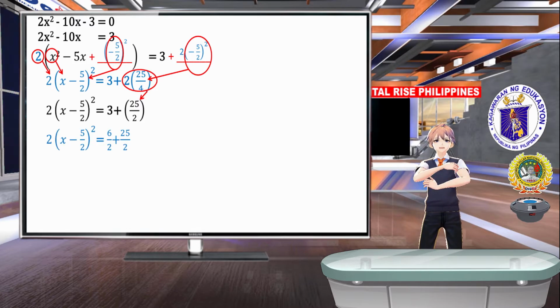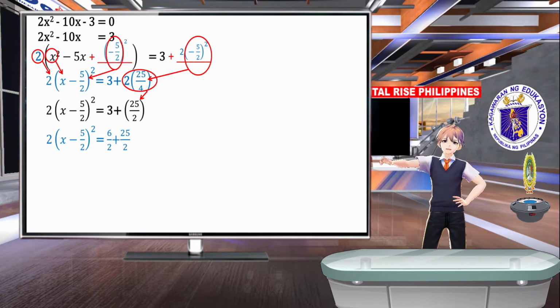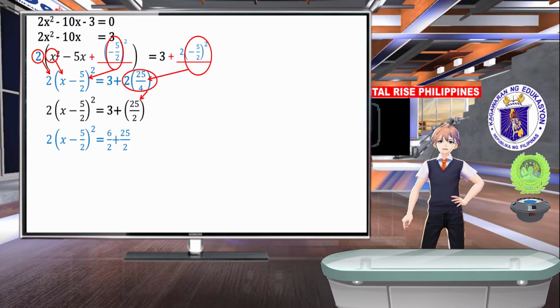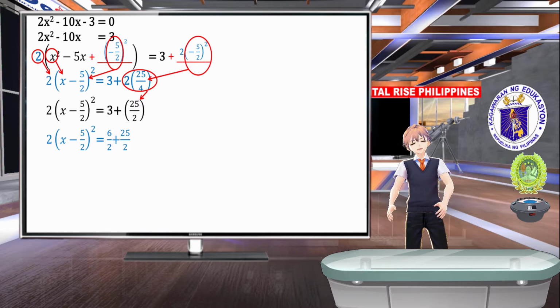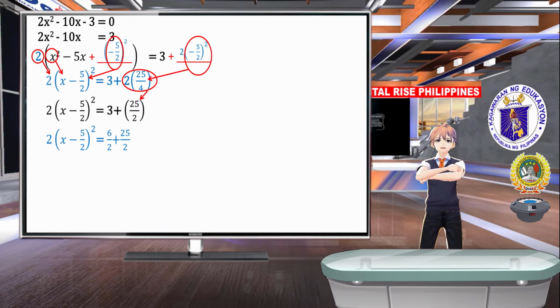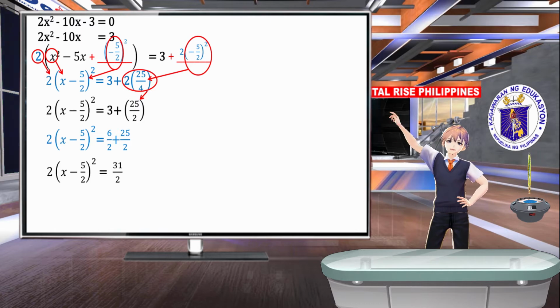Then we have 2 times the square of x minus 5 over 2 equals 6 over 2 plus 25 over 2. We should make the terms in the right side of the equation similar fractions to get their sum. Then we have 2 times the square of x minus 5 over 2 equals 31 over 2.